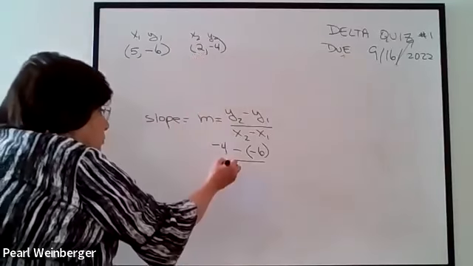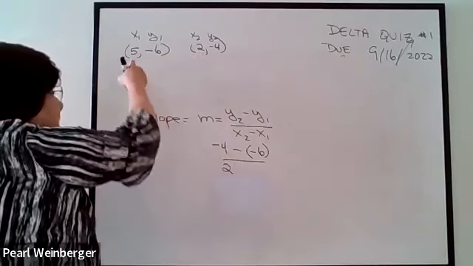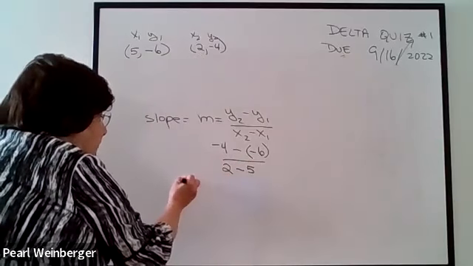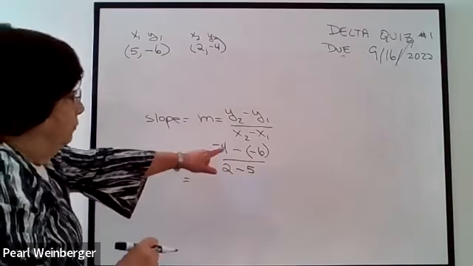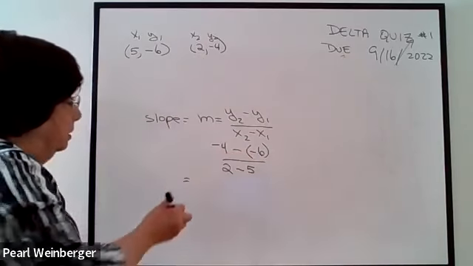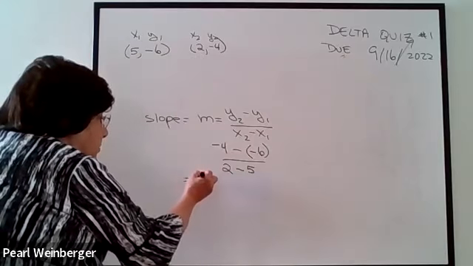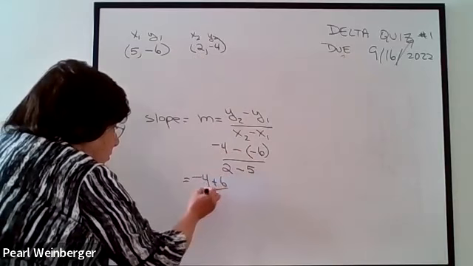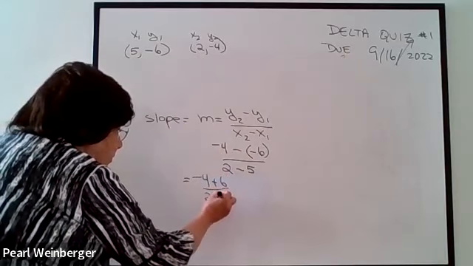X2 we see is 2 minus 5. Okay, so now I have to simplify this. Now, the first thing I know is that when I have two minuses, a minus and a minus becomes a plus. So this becomes -4 plus 6 over 2 minus 5.